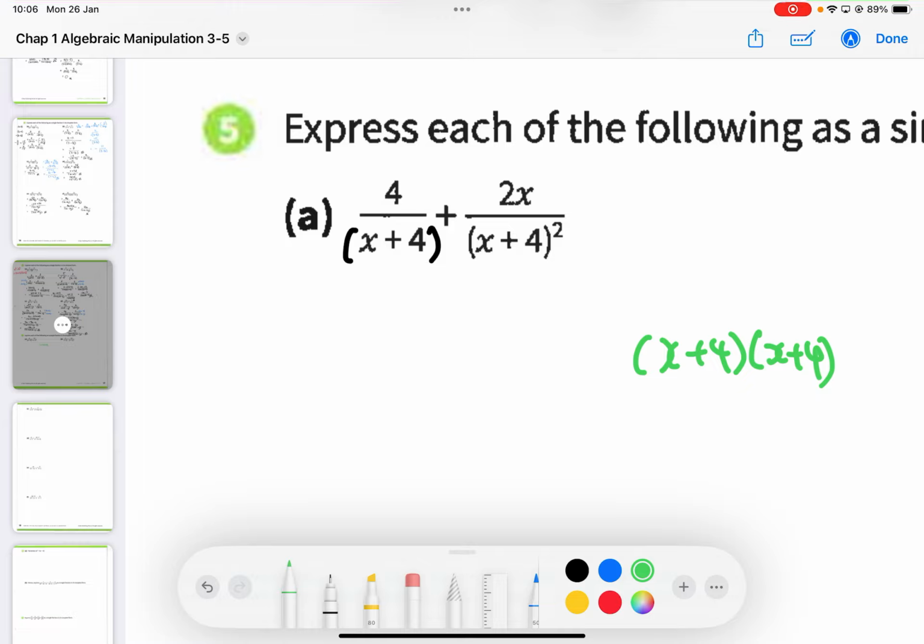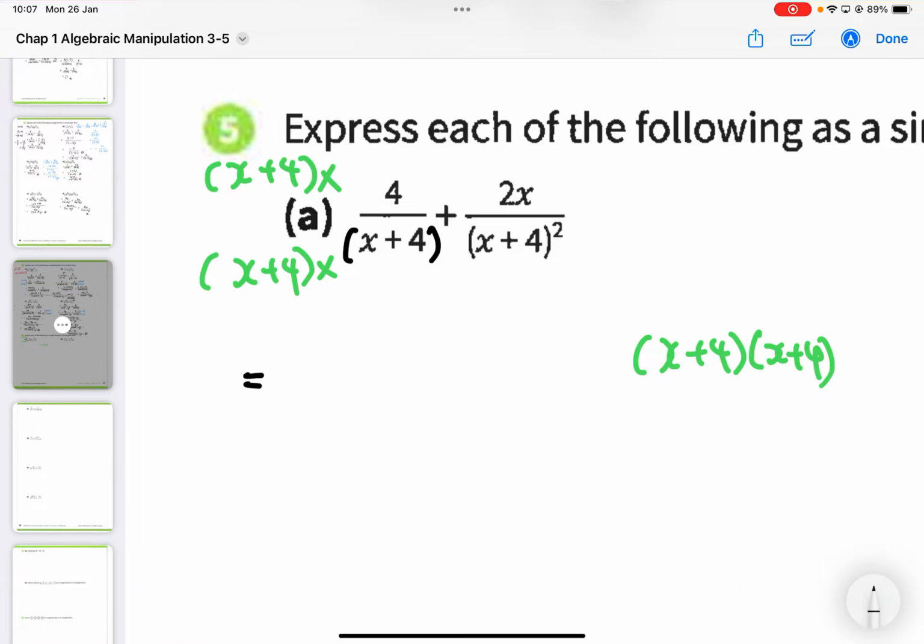The whole bracket is being squared. So my first denominator only has the bracket by itself, the second denominator has the bracket multiplied by the same bracket. So to make them exactly the same, I need to multiply the exact same bracket to the front, and also to the numerator. So now I multiply it by itself, they will become the same denominator.